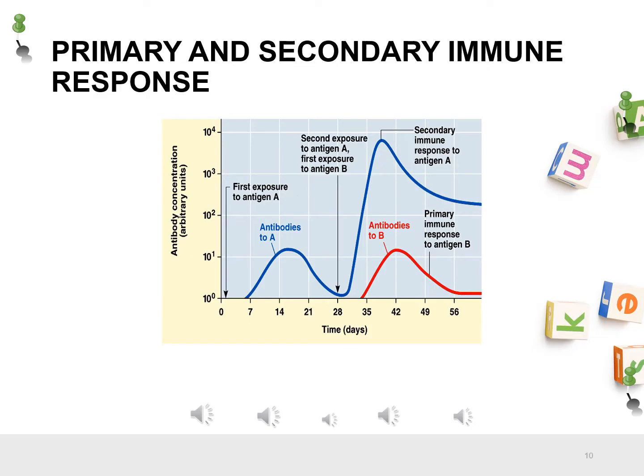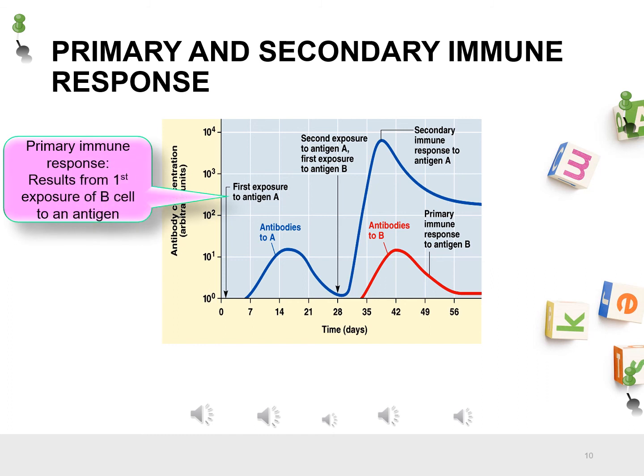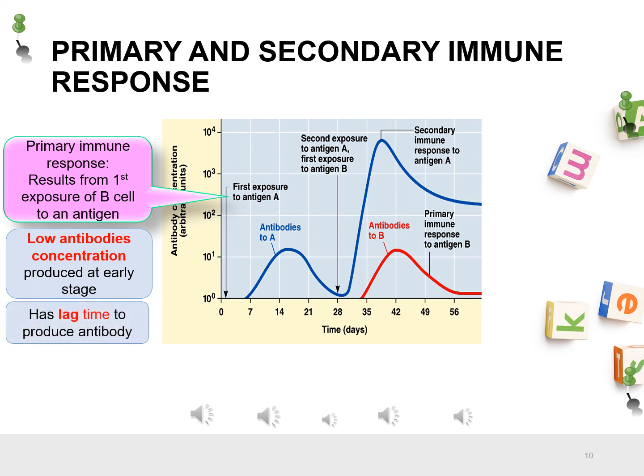Primary and secondary immune response. Primary immune response results from first exposure of B cell to an antigen. For primary immune response, a low antibody concentration is produced at an early stage, with a lag time before antibody is produced. The first antibody produced is IgM, and it is a short-lived response.